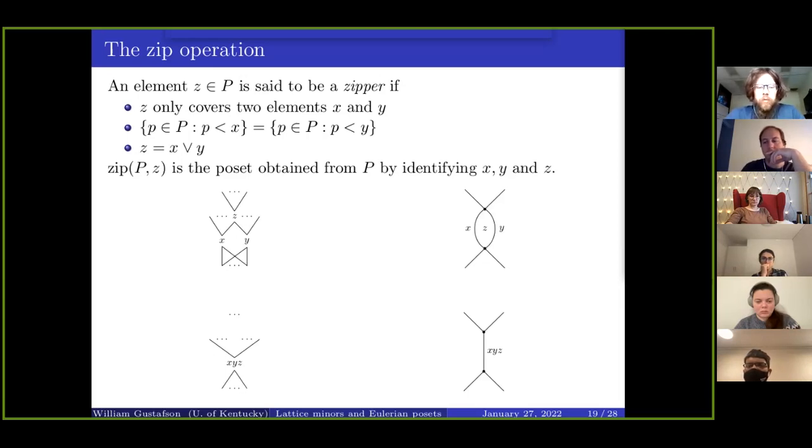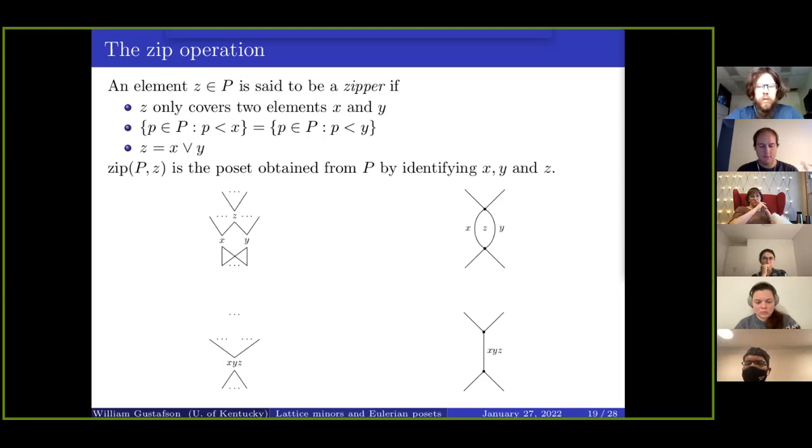So here I have a depiction of zippers and the zip poset. The zip poset we get by identifying our zipper and the two elements it covers, and we get the induced order relations: anything below any of the three elements in the original poset is below the new element in the zip poset, and the same thing with being above.